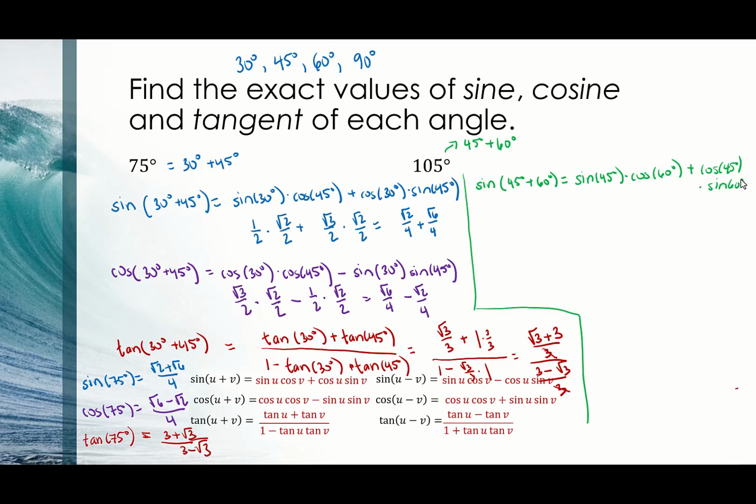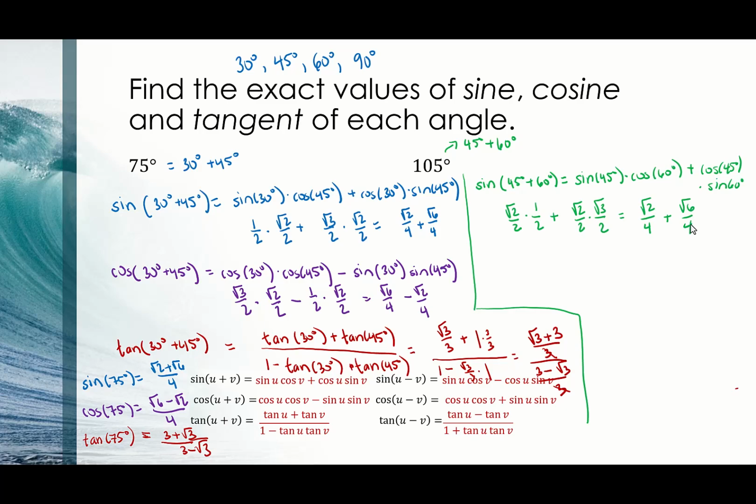Okay, sine of 45 degrees is root 2 over 2, times cosine of 60 degrees is 1/2, plus cosine of 45 degrees is root 2 over 2, and sine of 60 is root 3 over 2. And we'll simplify this, clean this up a little bit.